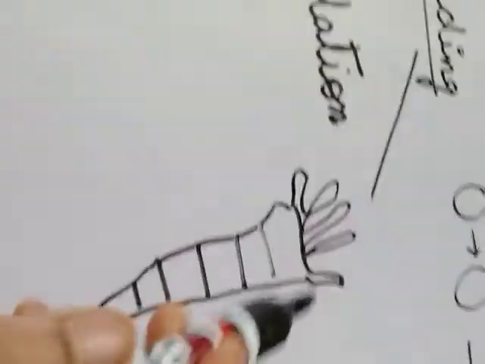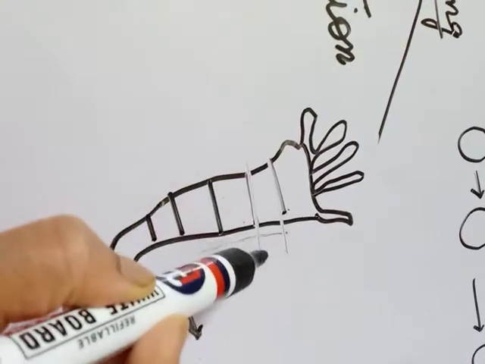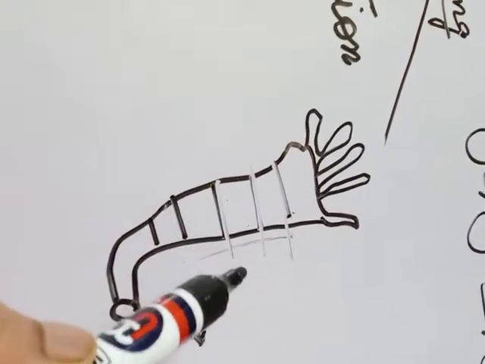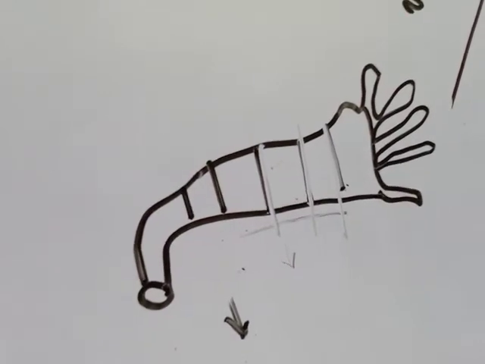In Aurelia, the body separates out into these segments and each segment is capable of forming a new individual or the daughter individual.